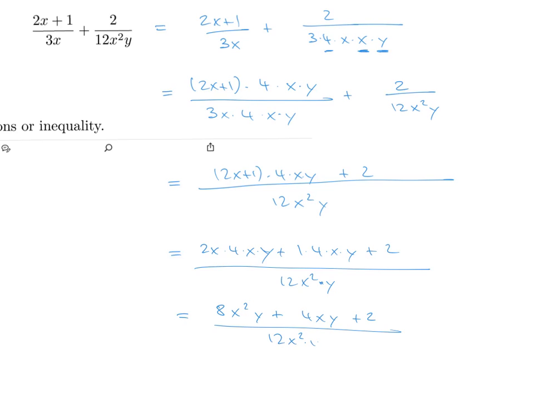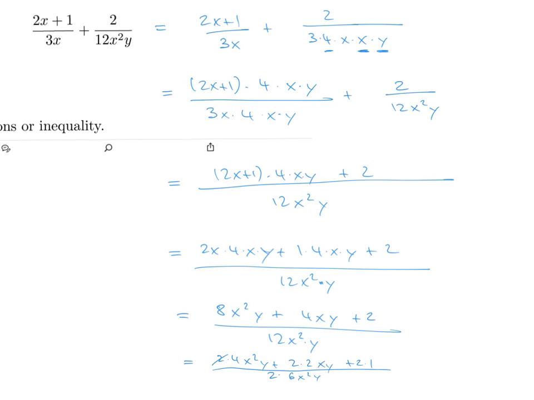And let's check whether we can simplify this even further. What we see here is that both in the numerator and in the denominator we have even numbers. So we can simplify this even further. So this is then equal to 2 times 4x squared y plus 2 times 2xy plus 2 times 1 divided by 2 times 6x squared y.